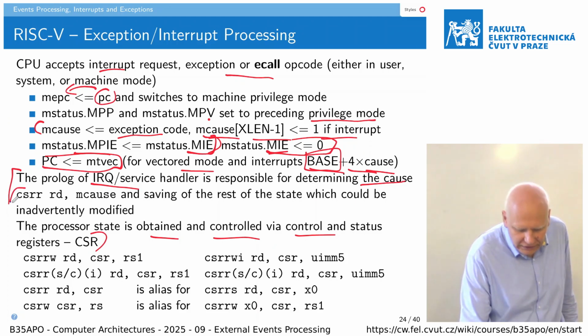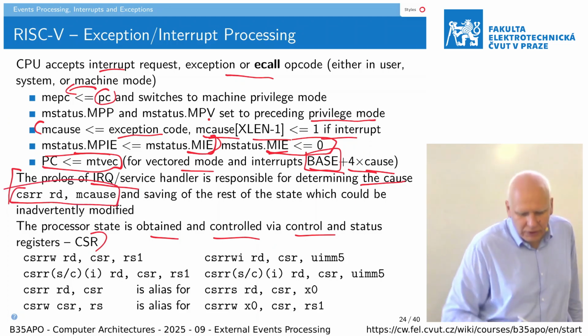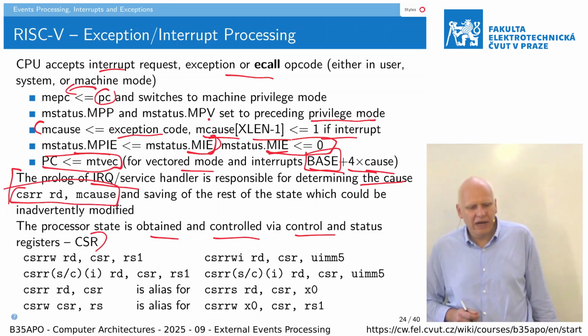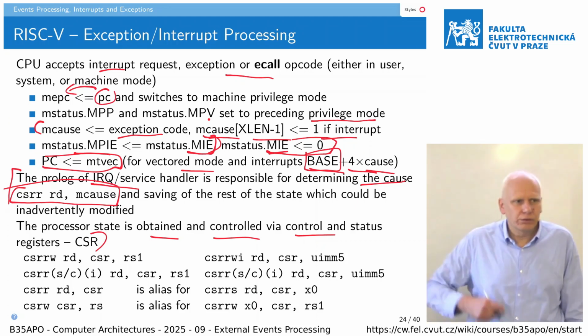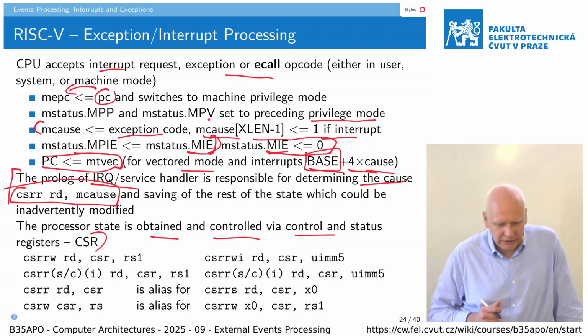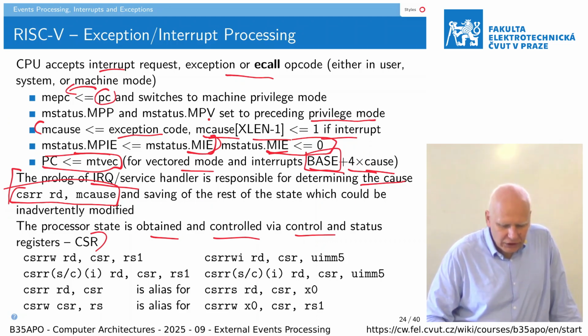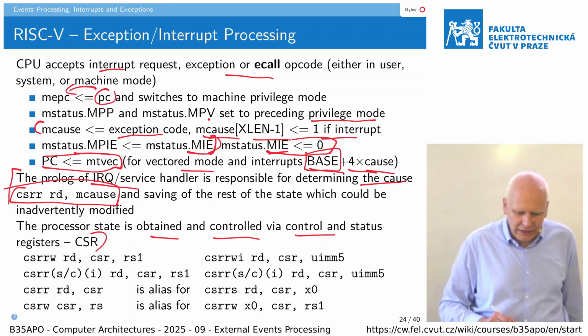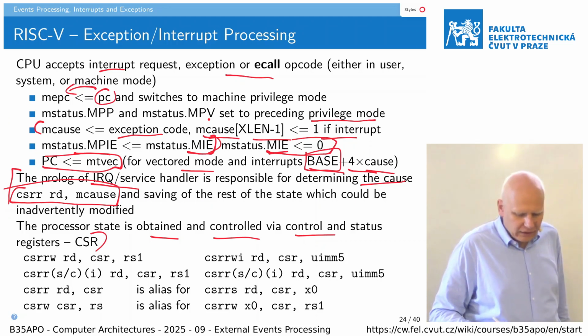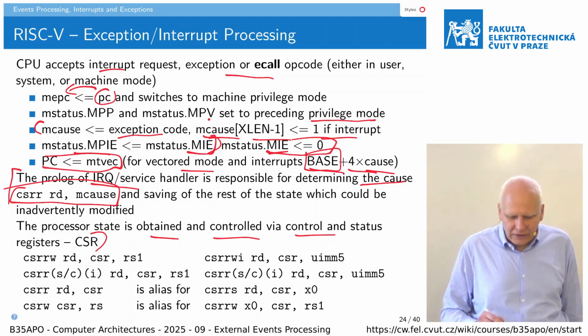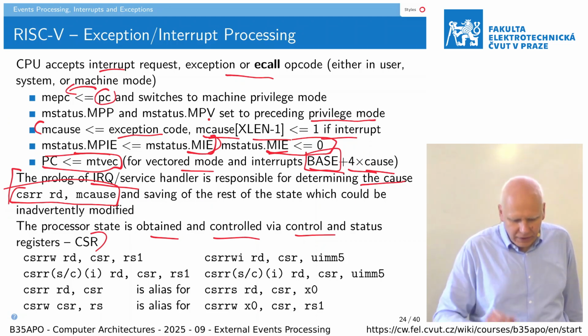So this instruction allows determining what was the cause to start the exception processing. There is a set of instructions which allows you to read and write and even modify the values in those registers.